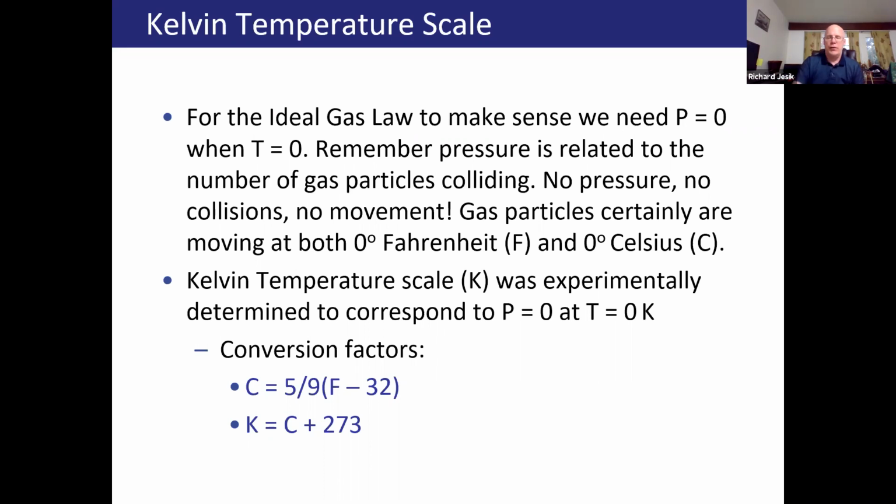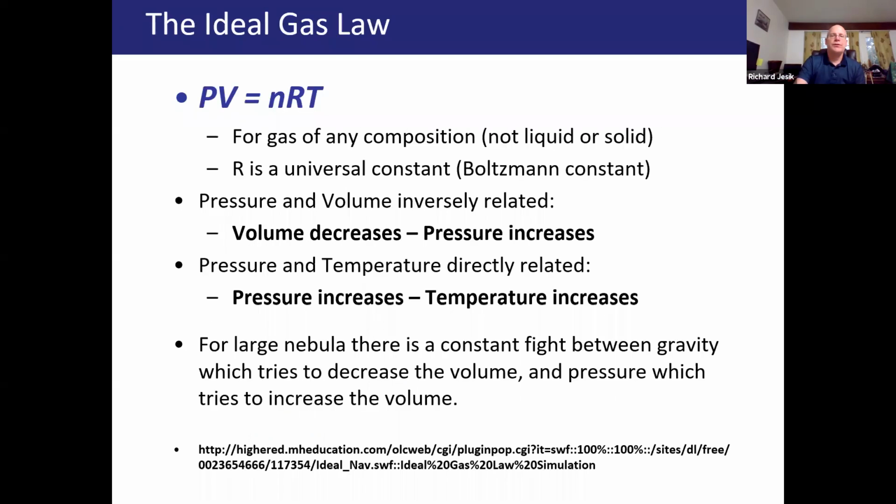We talked about this already. In order to do calculations, we need to do this for Wien's law. We need to do this to understand gas laws, how these nebulas work. We cannot use Fahrenheit, and nobody besides the United States uses Fahrenheit. But we even can't use Celsius.